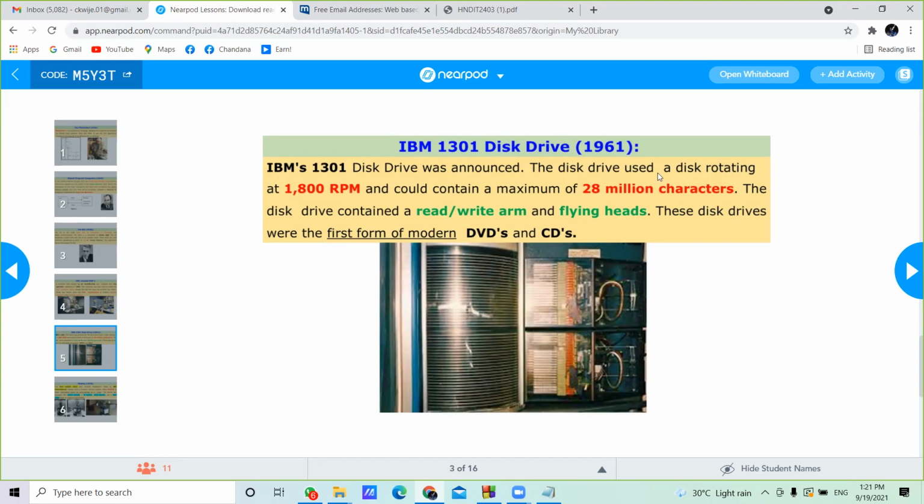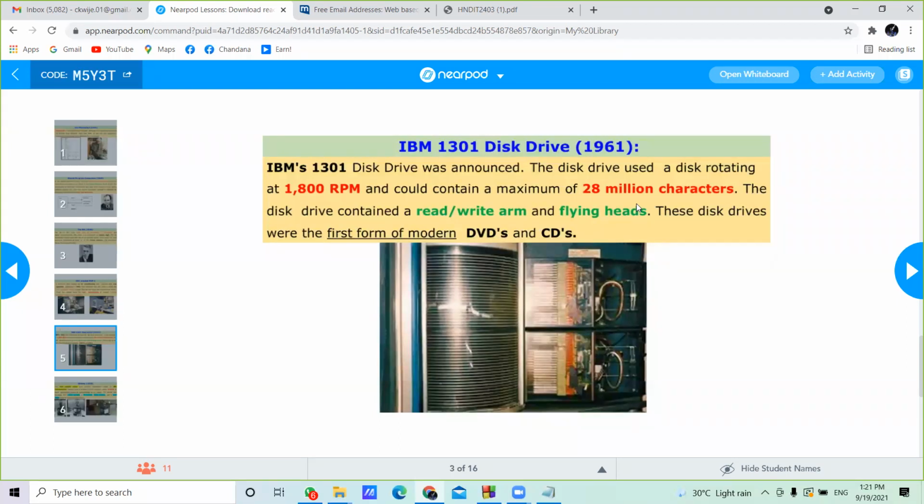I think you are familiar with rotational speed, which is normally measured in rotations per minute. It was able to rotate at 1,800 rotations per minute, and also able to store 28 million characters.